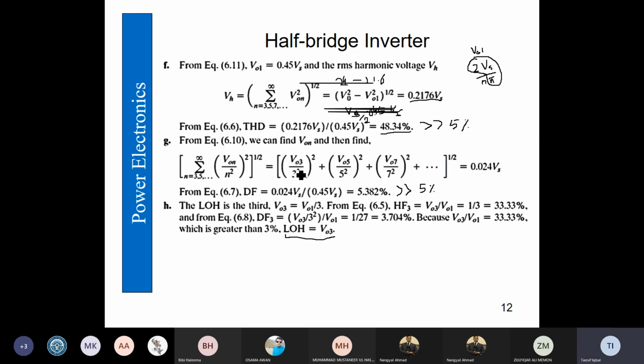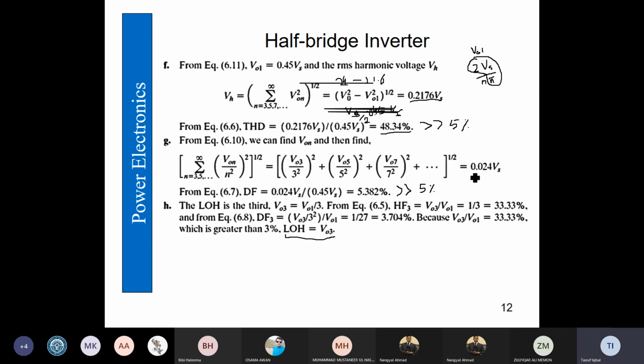So therefore, we will be using harmonic numbers to evaluate all those significant harmonics. We don't need to get into detail of very small numbers.